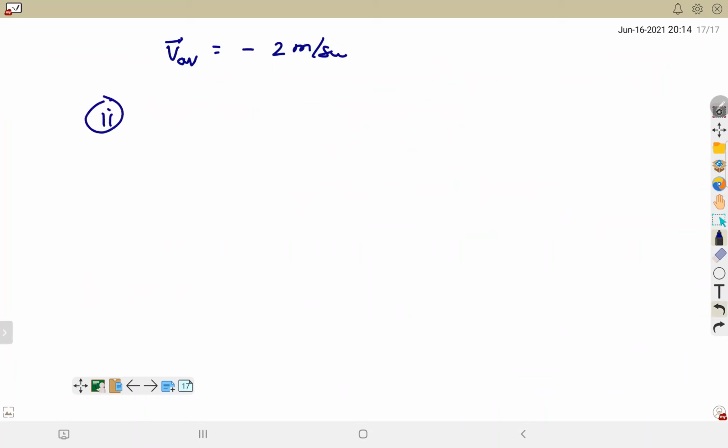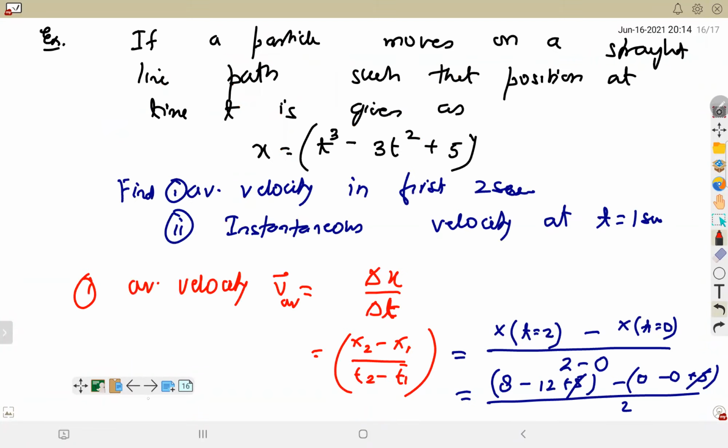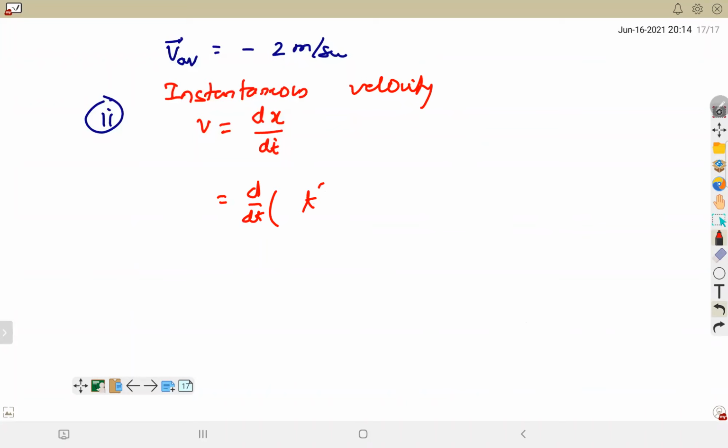For the instantaneous velocity, we have to differentiate. Now, what is the instantaneous velocity? Arnav Sharma, what is the instantaneous velocity here? Differentiate and put the value. d by dt of t cube minus 3t square plus 5.